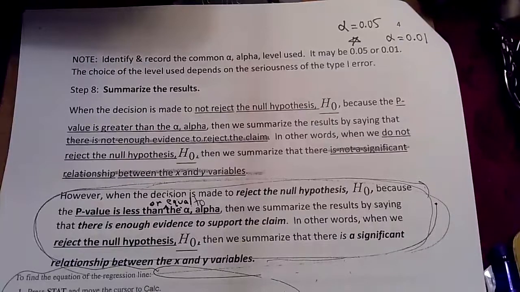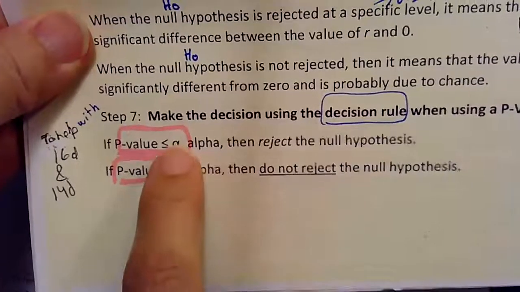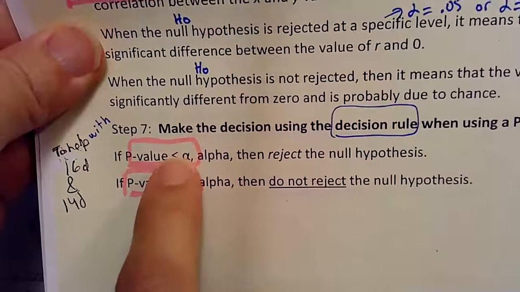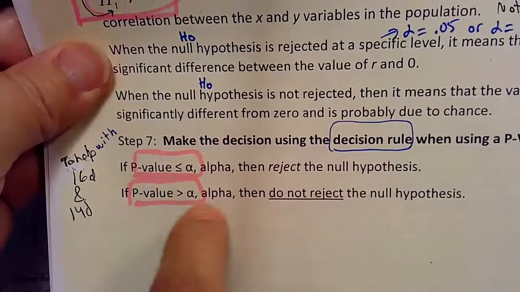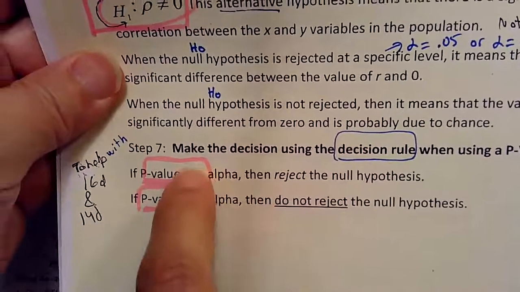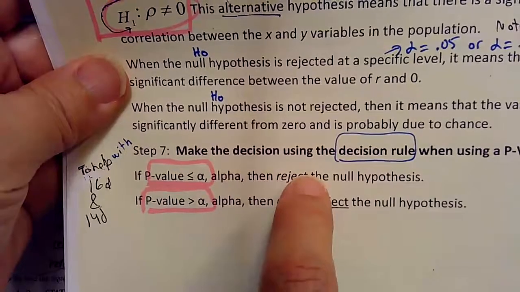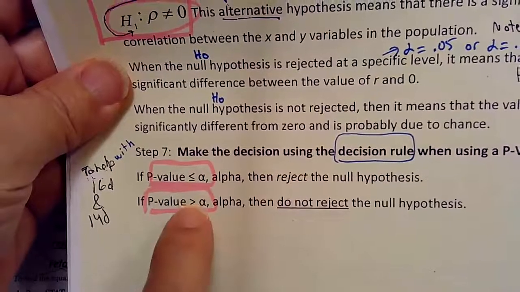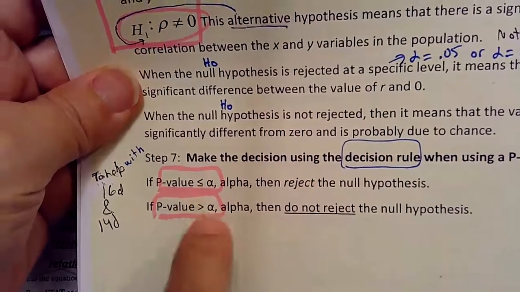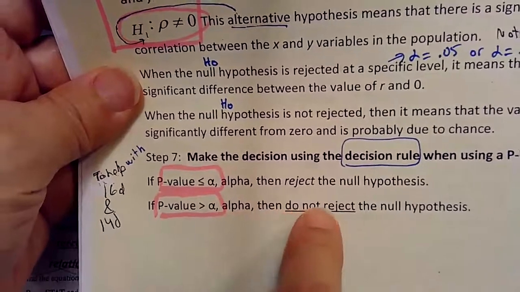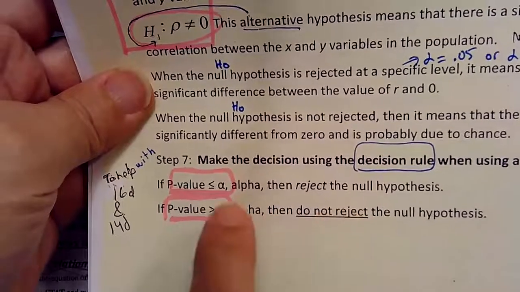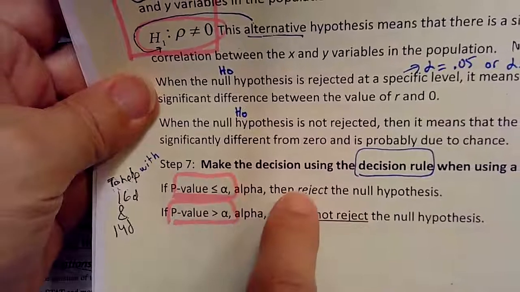So remember your two choices again. See the decision rule, which one's true, which one's false. Go with the one that's true. For us, this was true, so you reject the null. If this had been true, then you would have gone with do not reject the null. But since this is true, reject the null.